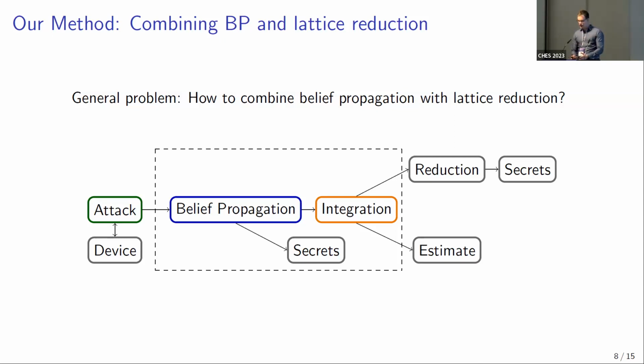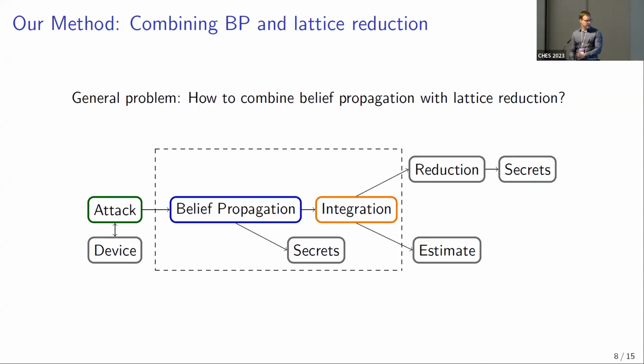So the setting that we assume is that we first, on the very left, have an attack on a device, and this attack gives us inequalities as in the previous attacks. This could, for example, be one of the fault attacks or one of the side channel attacks, or any other attack that introduces a small error using a chosen ciphertext, and then uses a side channel or a fault to observe whether a decryption failure happens or not.